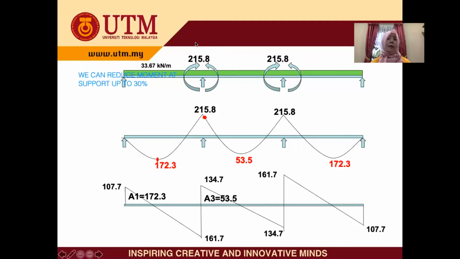So at ultimate limit state, at ultimate load, hinge will occur. Therefore, we hope that both at the support and at the span will reach ultimate limit state with the hinge forming at about the same time.